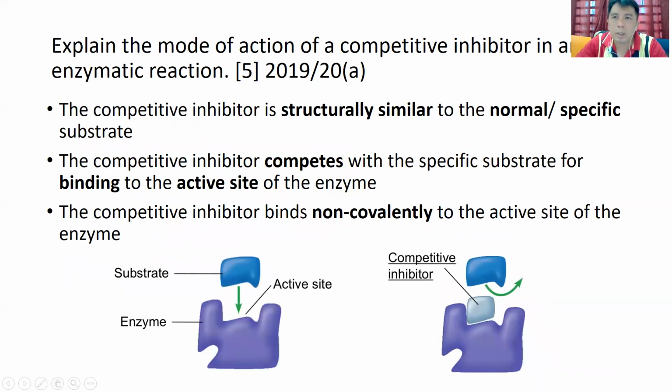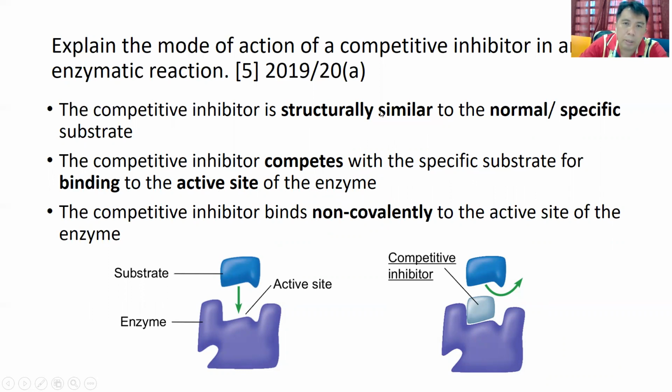Okay, in year 2019, explain the mode of action of a competitive inhibitor. Since it is a competitive inhibitor, it is structurally similar to the specific substrate. Then the competitive inhibitor competes with the specific substrate for binding to the active site of the enzyme.